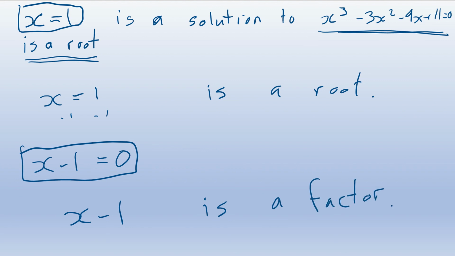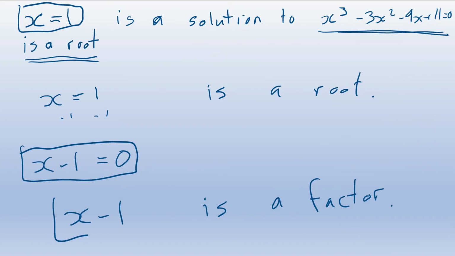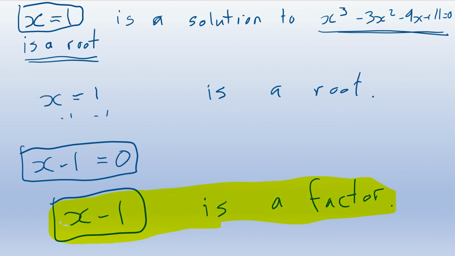So just like what we did up here, on this part here, we went from our root to our factor. I've done the exact same thing here, and this fact here at the bottom is going to help me find my other 2 factors of this thing up here.